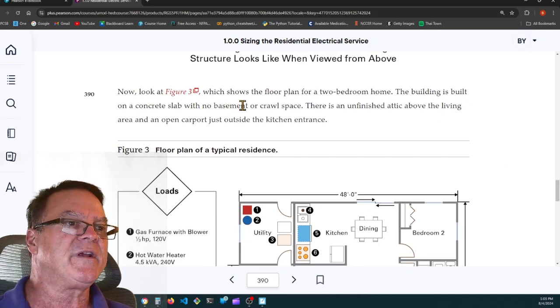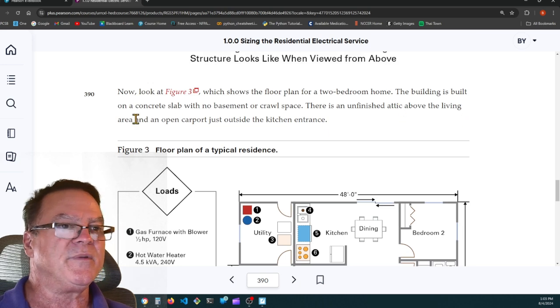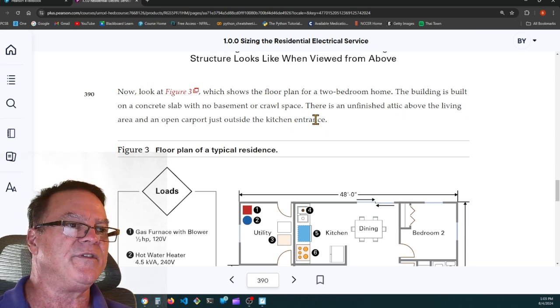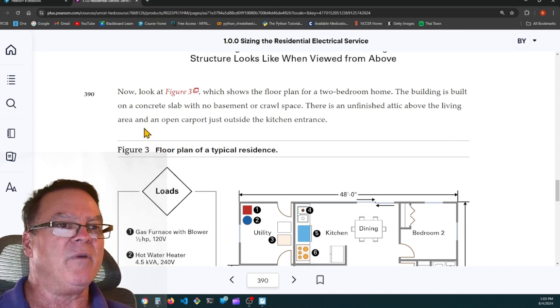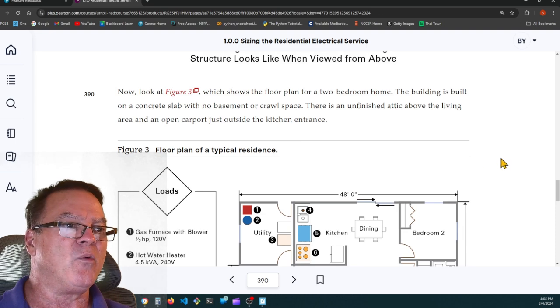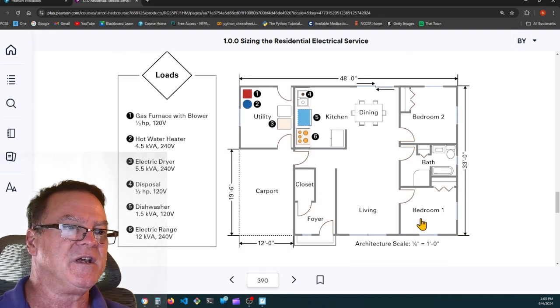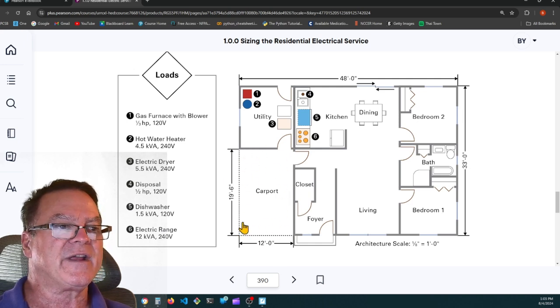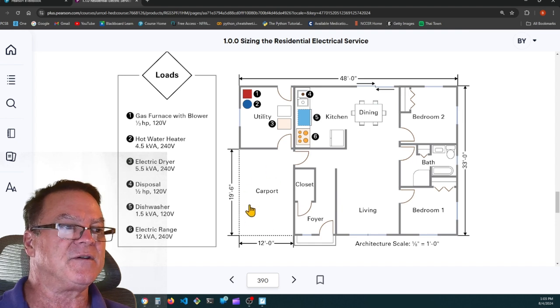Now look at Figure 3, which shows the floor plan of a 2-bedroom home. The building's built on a concrete slab with no basement or crawl space. There's an unfinished attic above the living area and an open carport just outside the kitchen entrance. So here's the carport. The carport does not count as square foot area for this house.